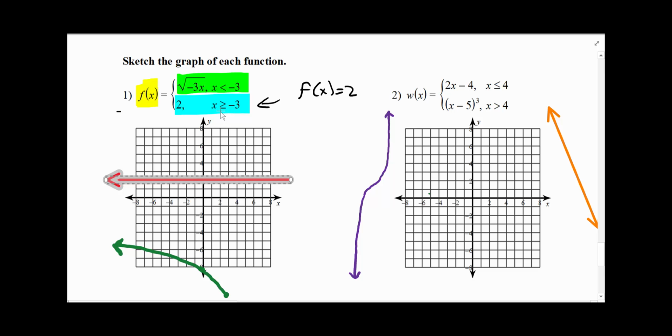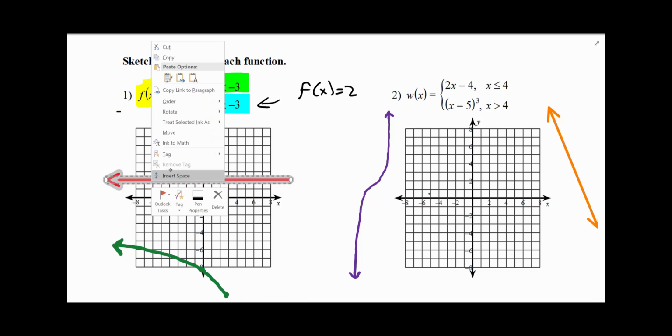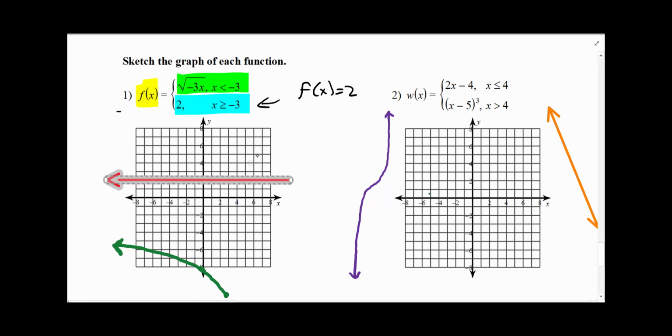However, this right here says, hey, the only part of the graph that we care about, oh, I should have rotated that. Let's see if I can. Yeah, it didn't let me. Anyway, where the x values are greater than or equal to -3.